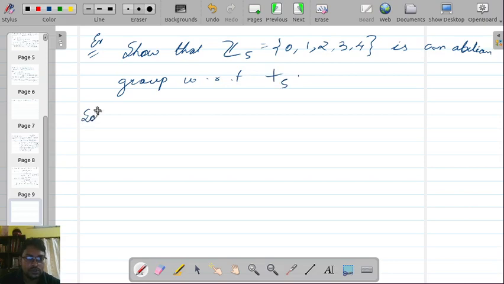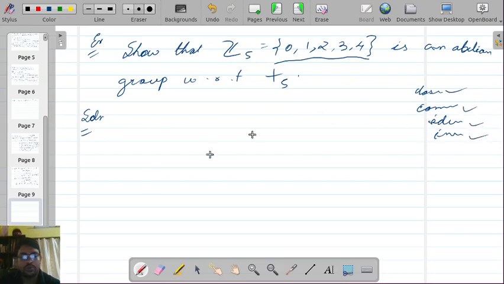The solution is we can verify the closure property, the commutative property, the existence of identity and the existence of inverse, everything from the table itself. That is the advantage if we are given a group Zn where n is a fixed quantity. Then you can verify it from the table only. You just need to justify the associative property using our arguments.